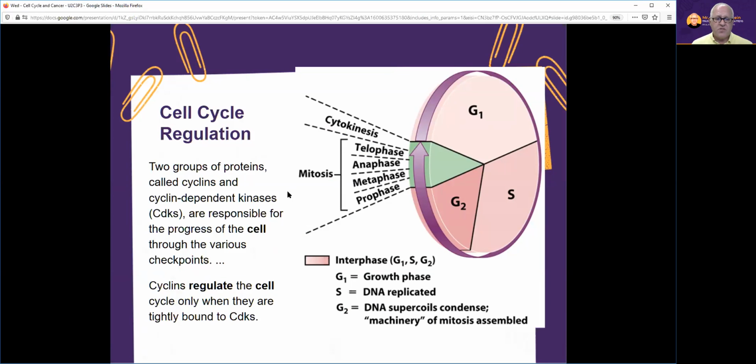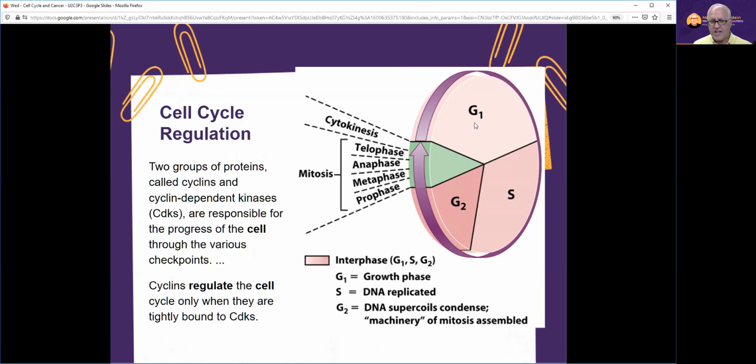There are 2 groups of proteins called cyclins and cyclin-dependent kinases, or CDKs. We don't need to get into a lot of the details of it, but they are responsible for the progress of the cell through various checkpoints. And the cyclins regulate the cell cycle only when they are tightly bound to CDKs.